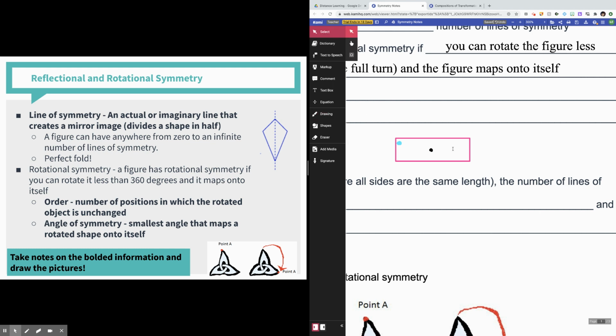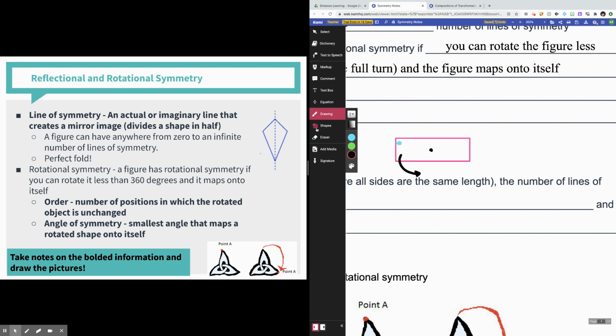I should be able to rotate this. Maybe it won't let me rotate it. It may just let me change its size. So what I have here with this rectangle, if I take this and rotate it, what I'm doing is turning the rectangle around that middle point.